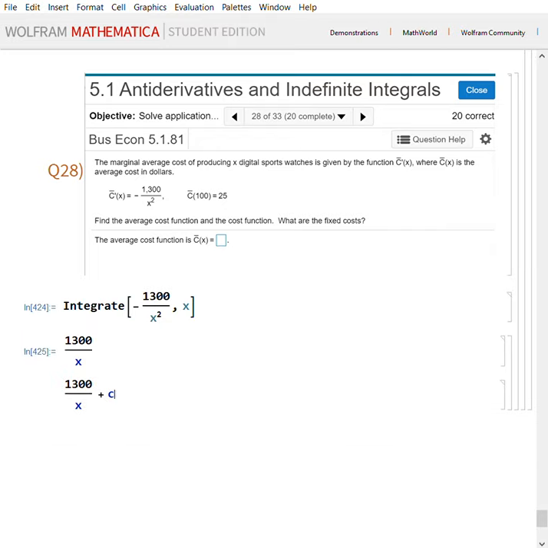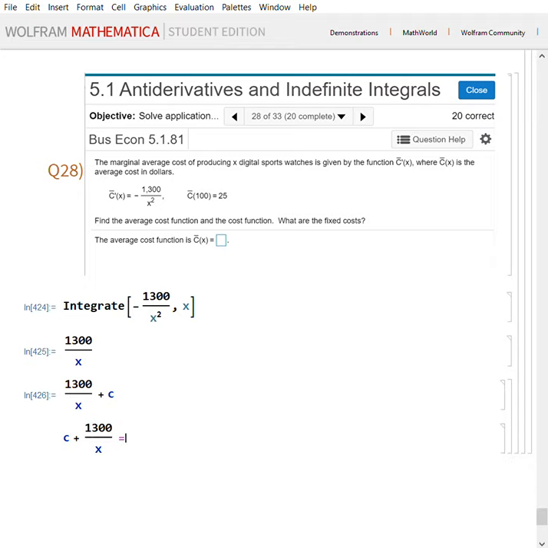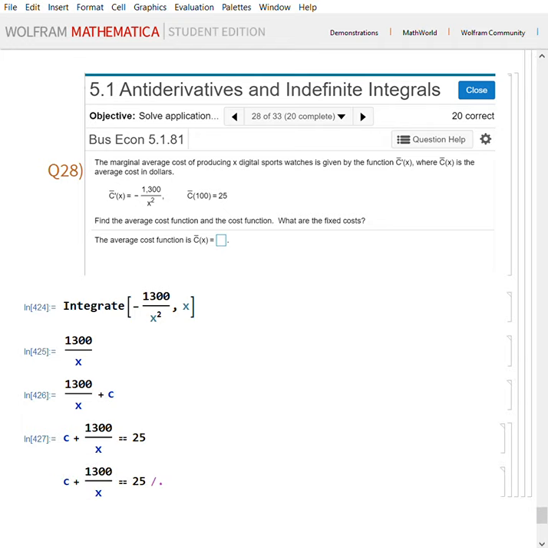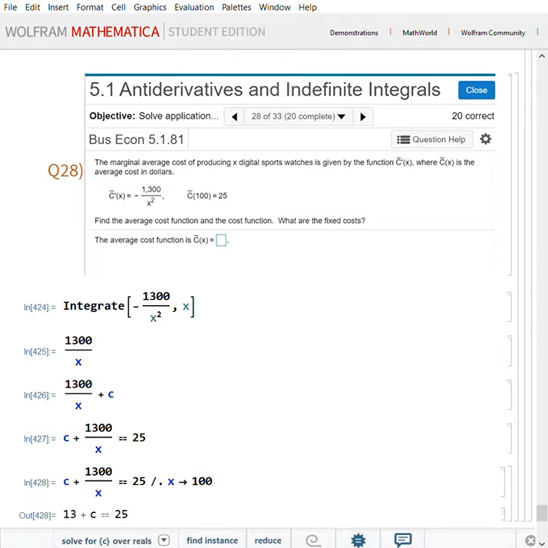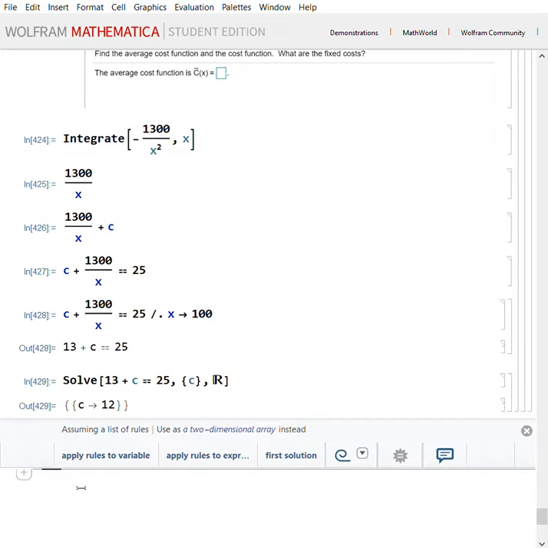your arbitrary c, but since your arbitrary c needs to have a value, and at x of 100 the average cost equals 25, we're going to set our indefinite integral equal to 25, shift enter, and now we're going to replace all of our x's with the value given, which is 100. So replace all x for 100, shift enter, solve for c over the reals, and now you know the value of your c.